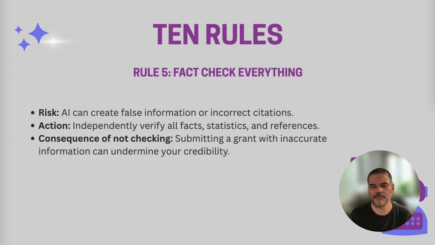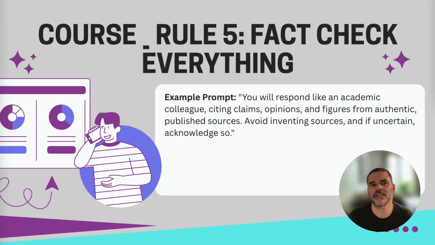So here's an example of a prompt that comes in the course, and this is a prompt that I suggest for fact-checking everything. And the prompt says, you'll respond like an academic colleague, citing claims, opinions, and figures from authentic published sources. Avoid inventing sources, and if you're not sure, acknowledge this.